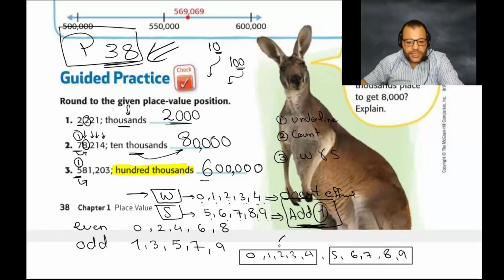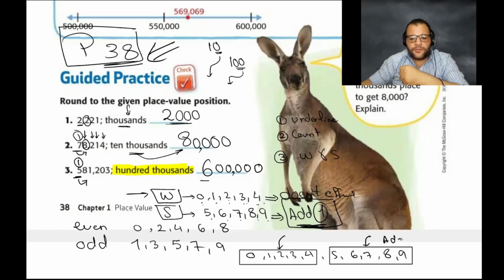The first group are small numbers, so we call them weak numbers or weak digits. The second group are bigger numbers, so we call them strong numbers. The weak numbers don't change anything in rounding, but the strong numbers add 1. That's all. Do you understand it?